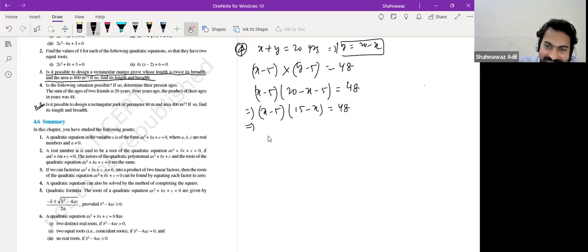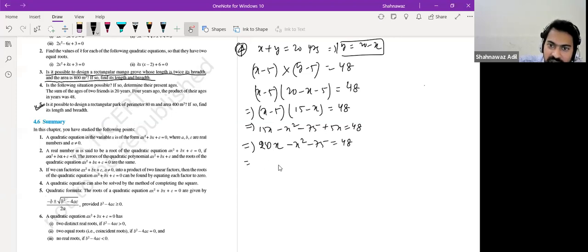So 15x minus x square, 75 plus 5x is 48. So 15x plus, so this is 20x minus x square, 75 is 48.